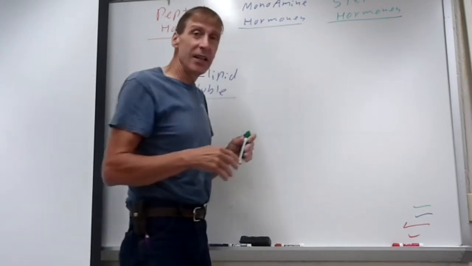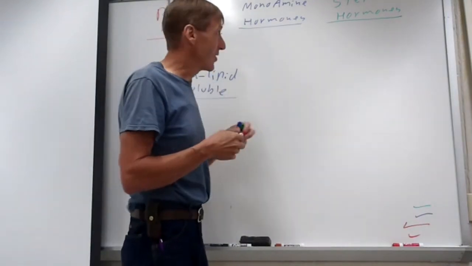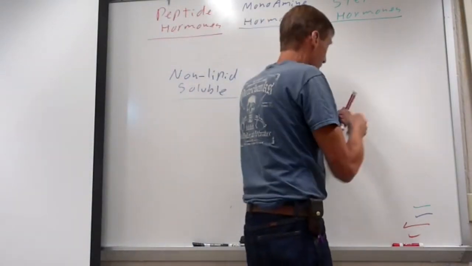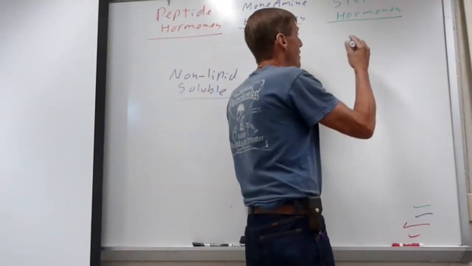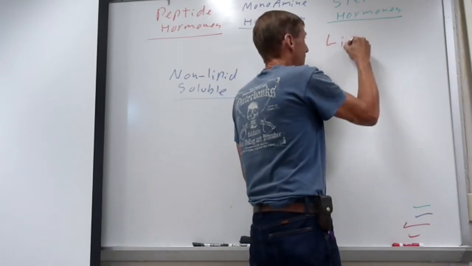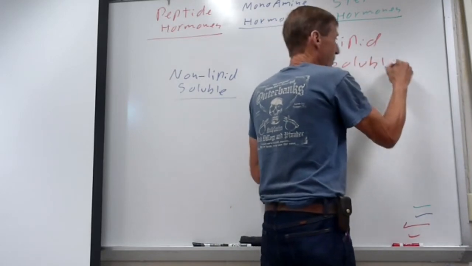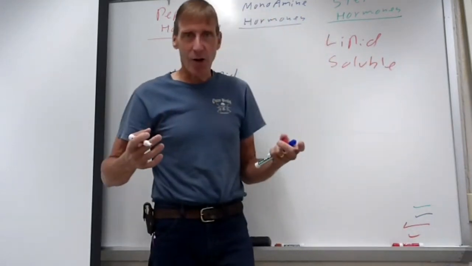Most of the monoamines are also non-lipid soluble. I'll mention more about these in a sec. Over here, we'll go to the steroid hormones. Steroid hormones are, of course, lipid soluble. They're made of lipids, cholesterol based.